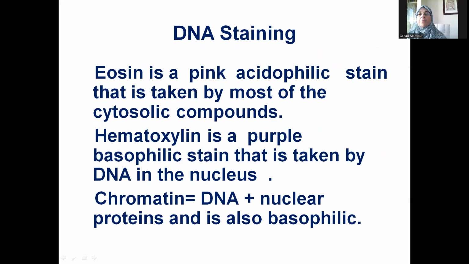A side item is DNA staining. If you look at a tissue under the microscope, you find that this tissue is made of cells, and you will have a nucleus. This is what you can see under the high power of an ordinary light microscope, if the cells are big enough to be seen.